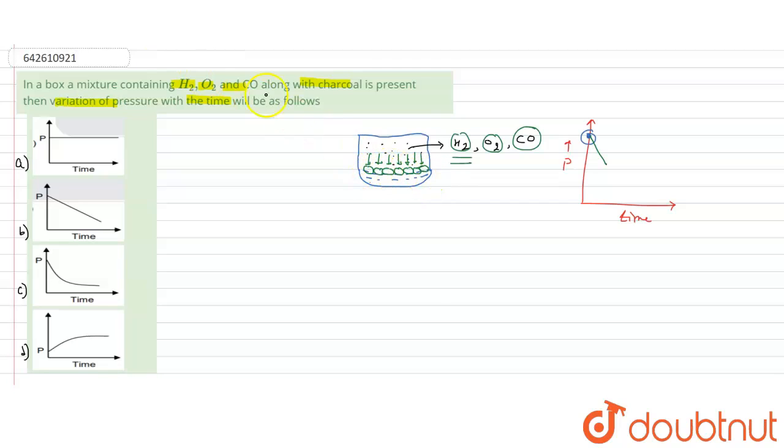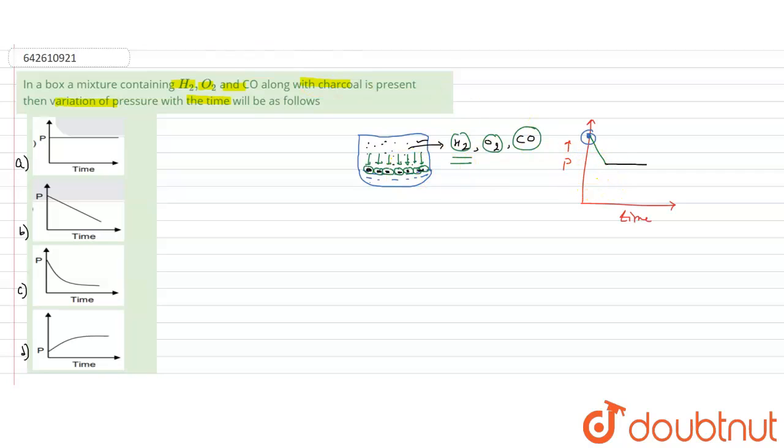Once they become occupied, there is no vacant site, so the gases will not adsorb on it. They are free here, and this means there is a pressure. So after this particular point, the pressure becomes constant as the time passes, due to the filling of the vacant sites. So this should be the graph.